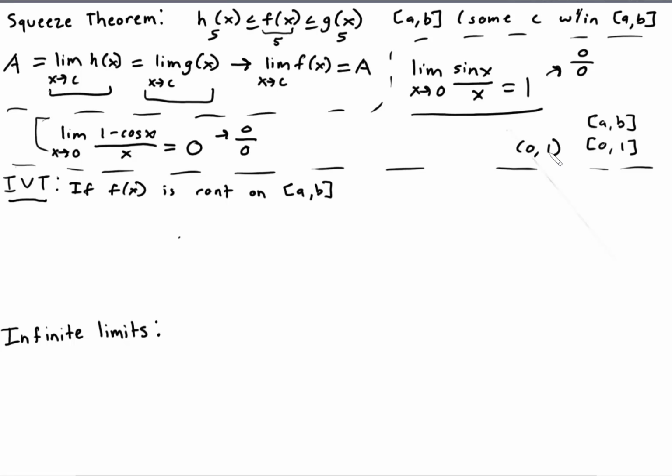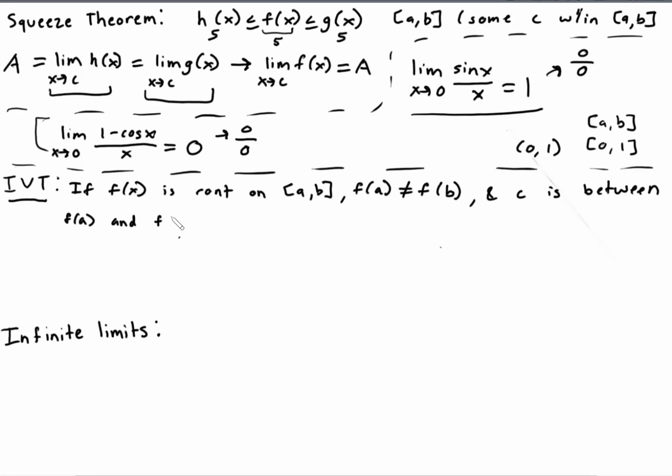But if f of x is continuous on this interval a comma b, and f of a is not equal to f of b, these are two separate conditions that have to be fulfilled. And let's say you're given a number c, and c has to be between f of a and f of b.